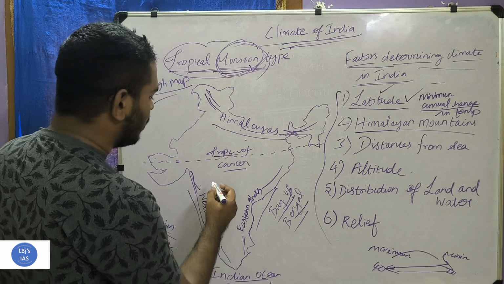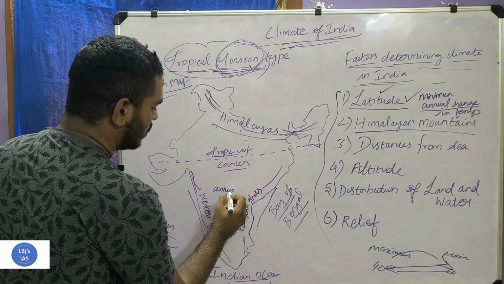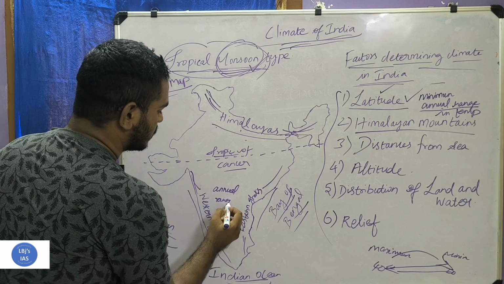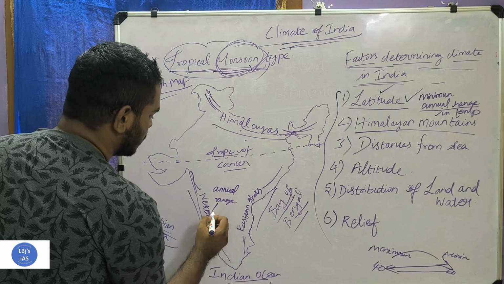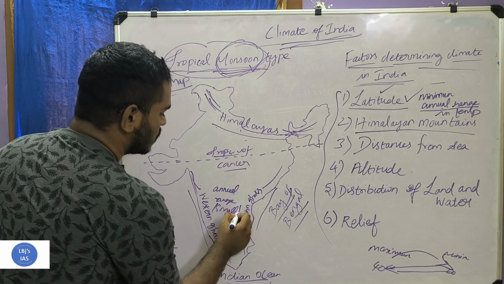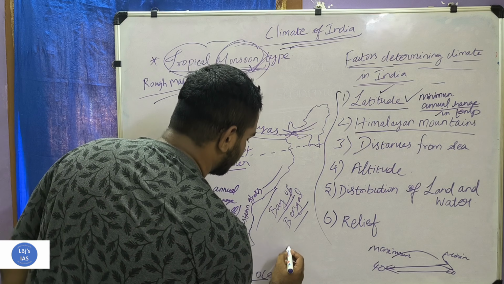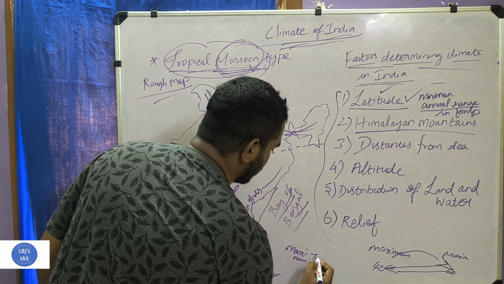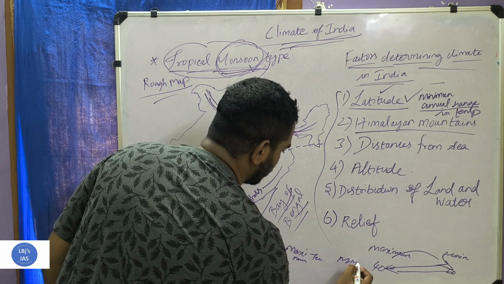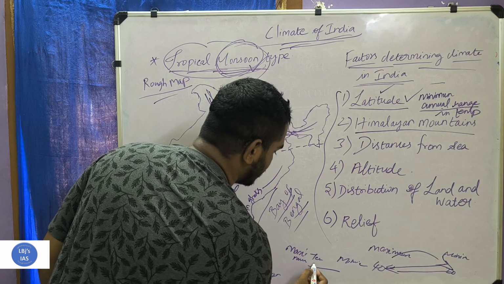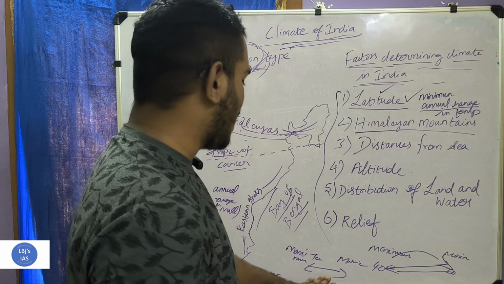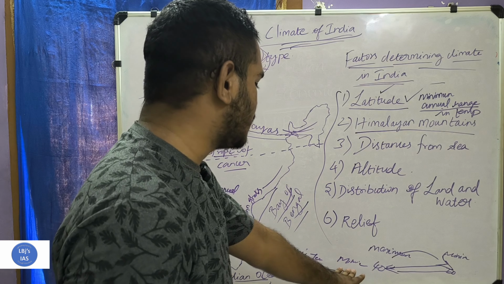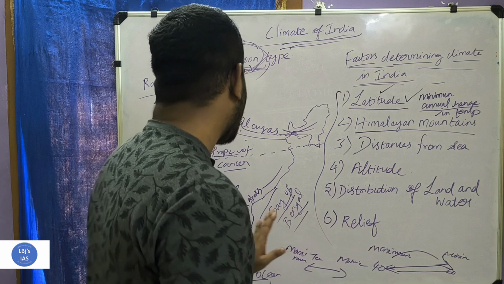So the annual range in this south zone will be small. Annual range is nothing but the maximum temperature and the minimum temperature recorded in a year, and the difference is known as the annual range.